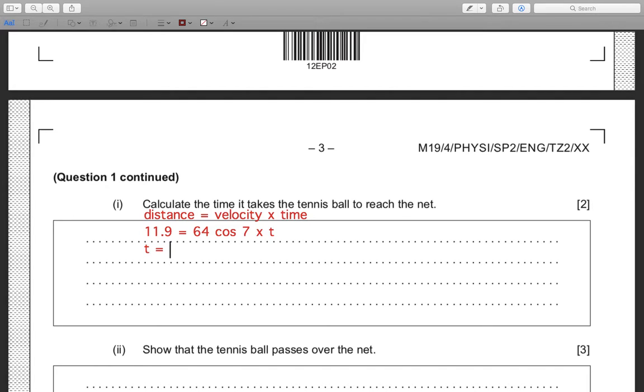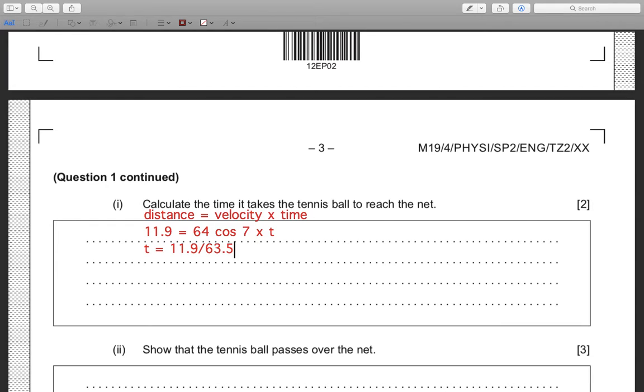We calculate first. 64 times cos 7, which is 0.99, is around 63.5.